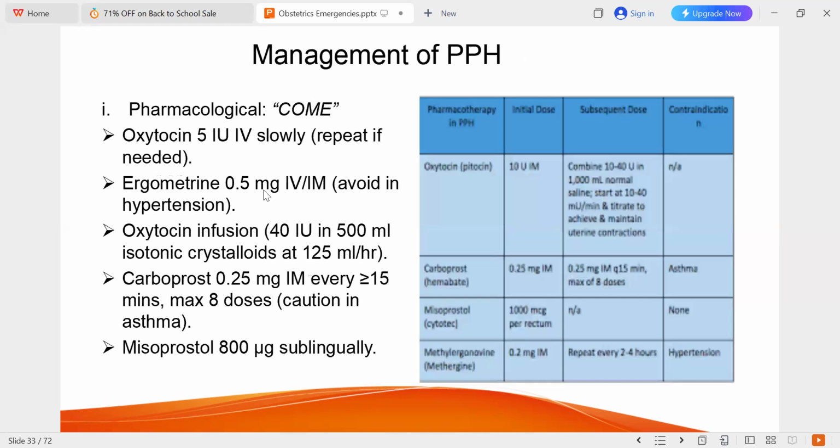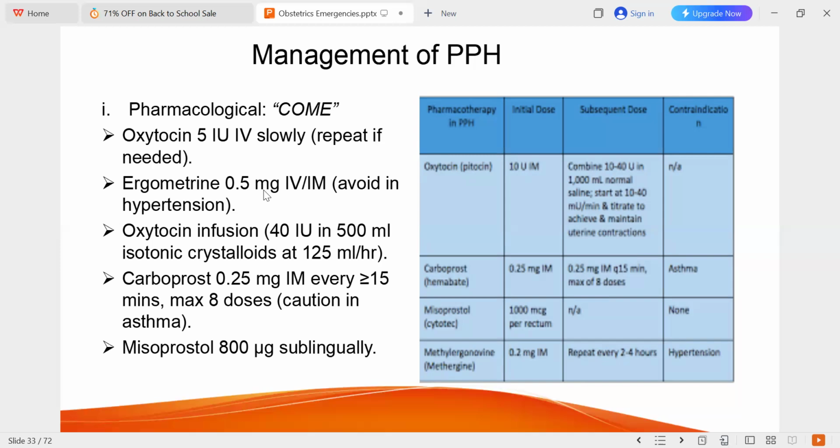All right, pharmacological, so you come with carboprost, oxytocin, misoprostol, and ergometrine, all right? So you avoid carboprost in asthmatic patients, and you give ergometrine with caution in patients with hypertension, okay?